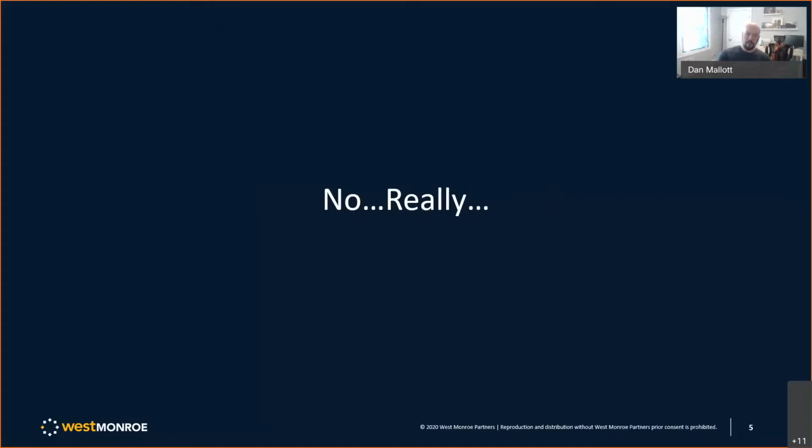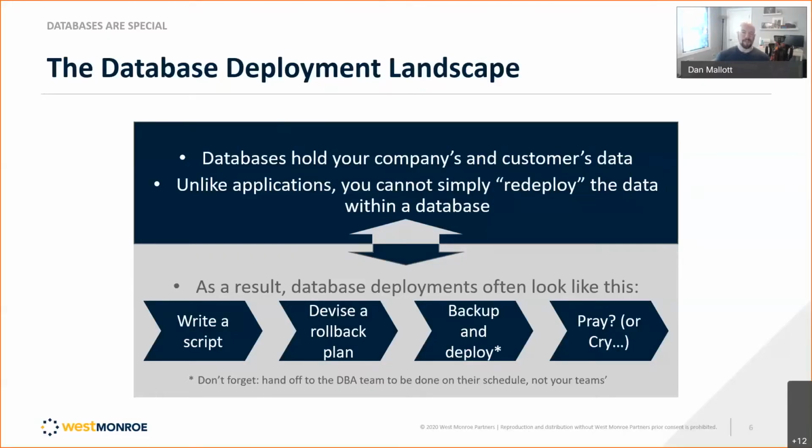Ordinarily, when we think about deploying changes to our databases, we have a bit of a mess, for one simple fact. Unlike an application where, if the deployment went wrong, we'll just grab the artifacts that we had deployed before, throw them back out there, and nobody will be any the wiser, we can't simply redeploy the data within a database, right?